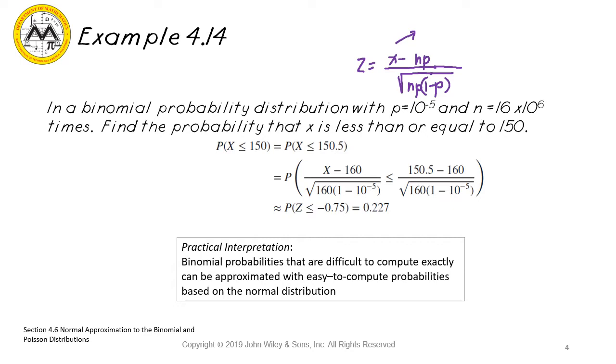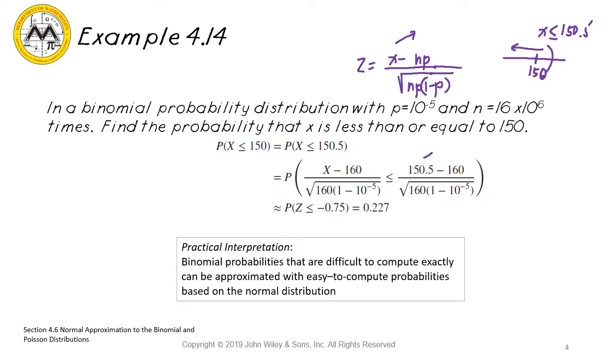When we say less than or equal to 150, 150 is included, so it would be X less than or equal to 150.5.